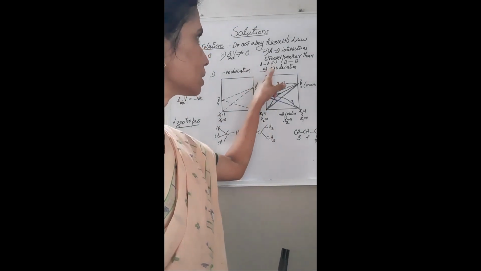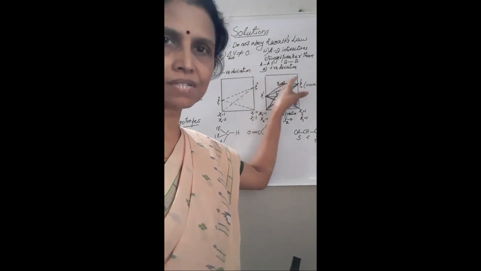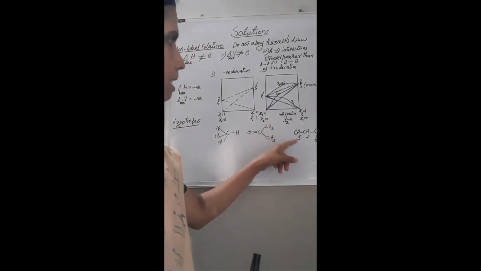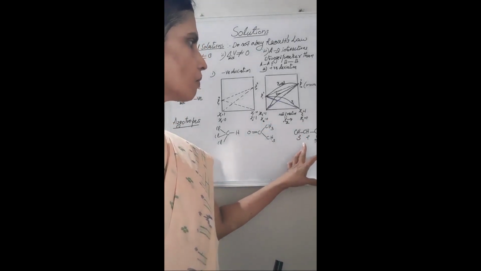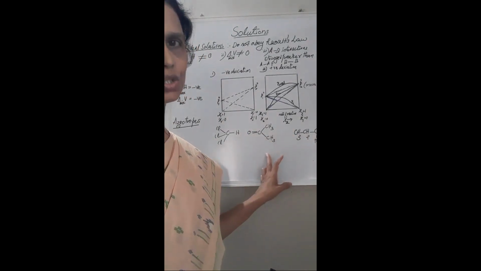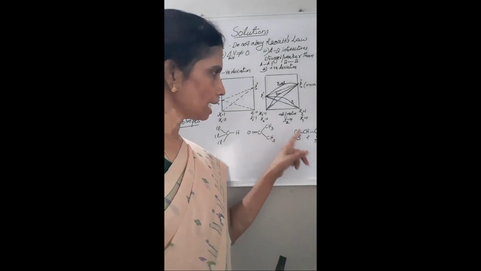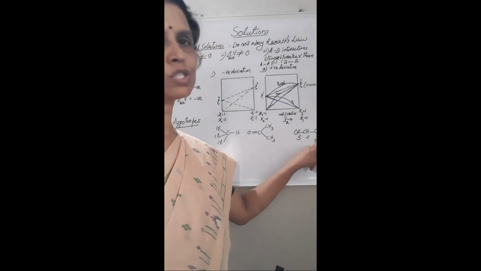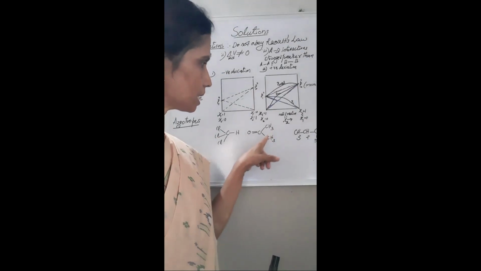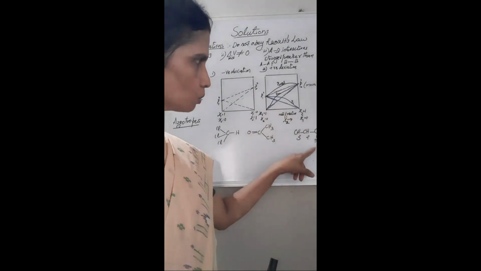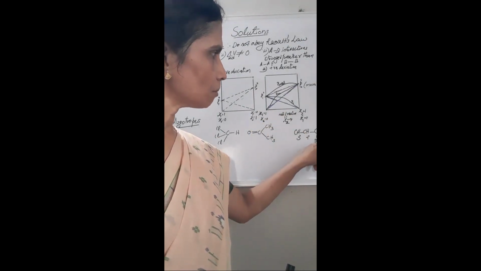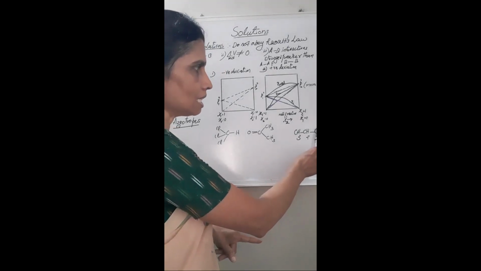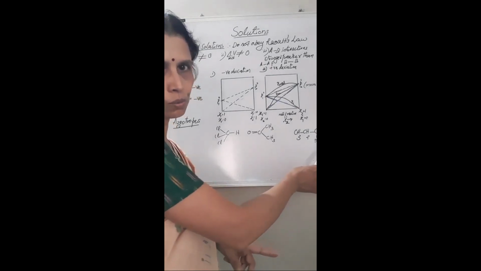Now, considering the case of solutions showing positive deviation from ideal behavior, an example is a mixture of ethanol and acetone. As you know, in ethanol the intermolecular force present is hydrogen bonding. When acetone is added, these hydrogen bonds break and acetone molecules get in between ethanol molecules.